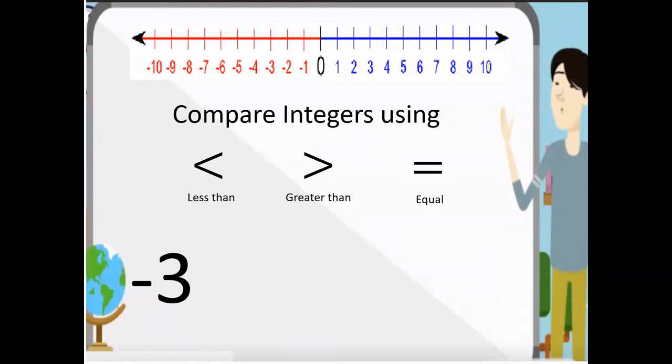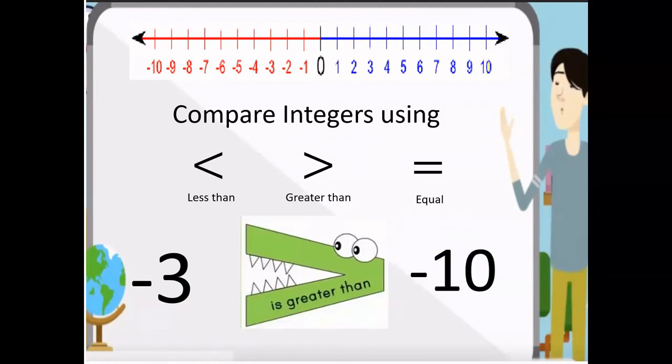Negative 3 and negative 10. Again, just think of it as a crocodile who wants to consume the bigger number. Which one is the bigger number? Yes, it's negative 3. So the crocodile wants to eat the negative 3.